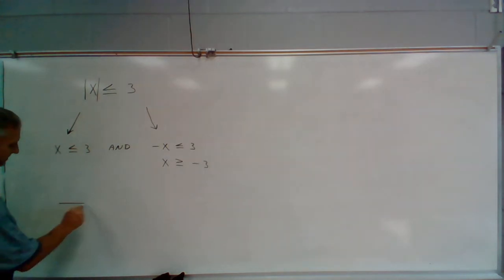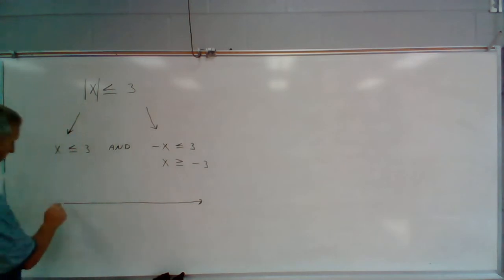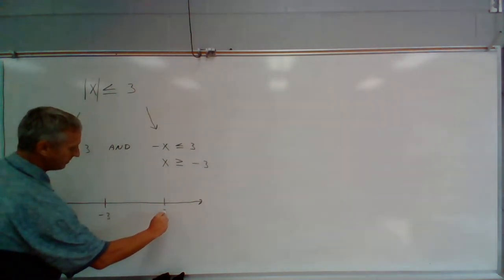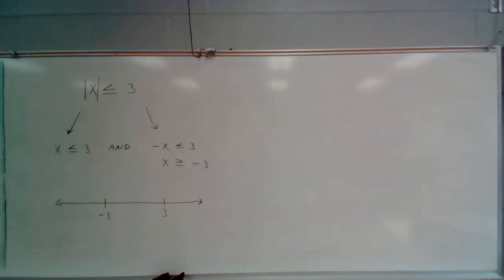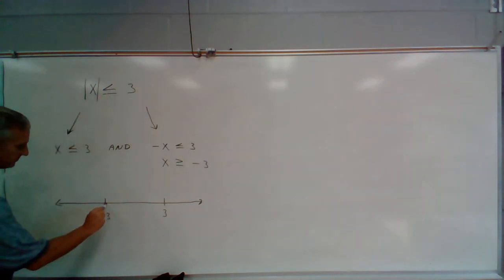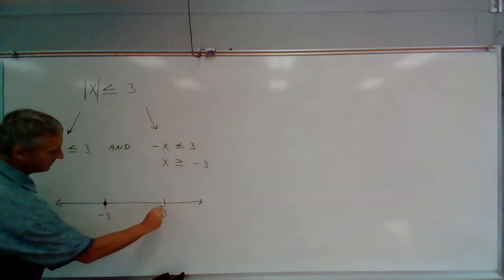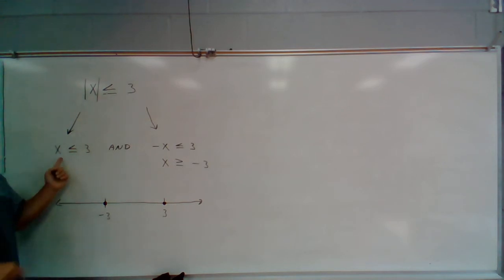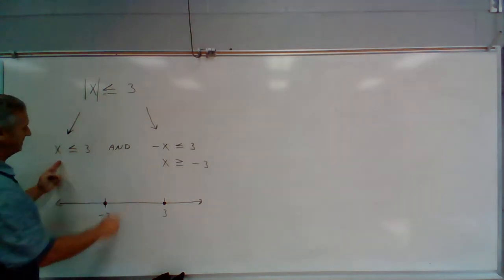So let's think about this on a number line. So here's negative 3. Here's 3. It's less than or equal to, so I'm going to use a closed circle at 3 and negative 3. All right, so my solutions are all the x values that satisfy both of these conditions.